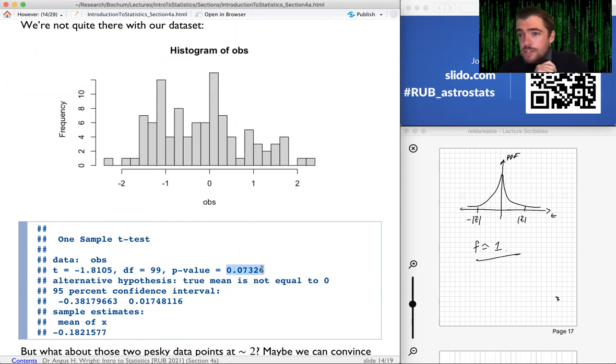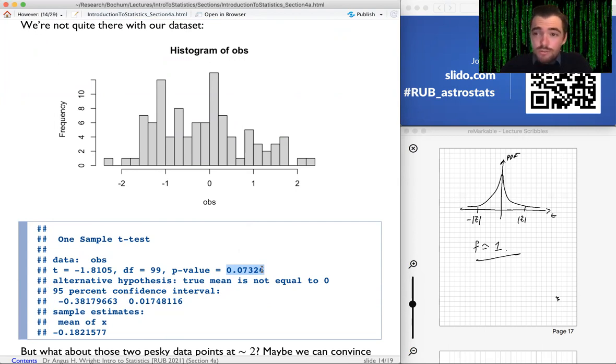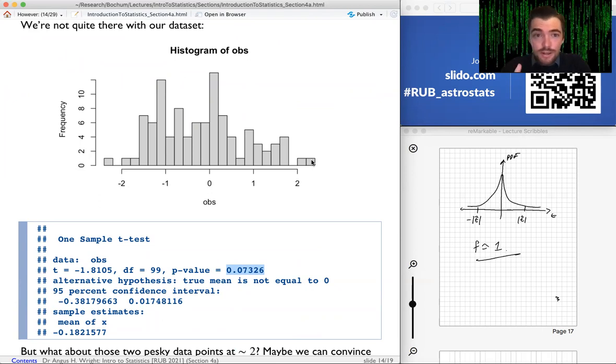And I'm a researcher who wants to publish. I can convince myself I'm so close to a result, and that data point there looks a bit dodgy, like it might be an outlier. What happens if I get rid of that outlier data point? Just that one data point. There are 100 observations here. It's 1% of the data.